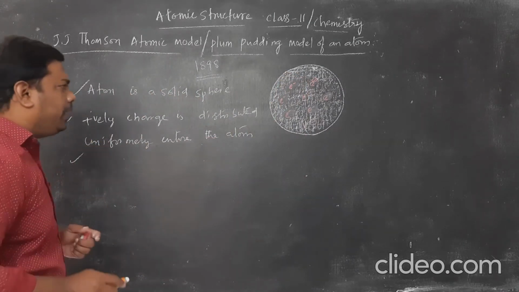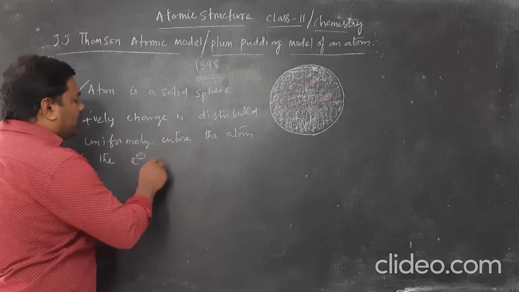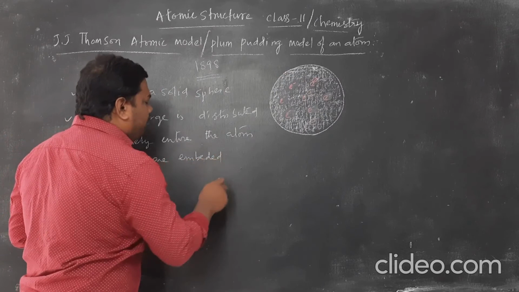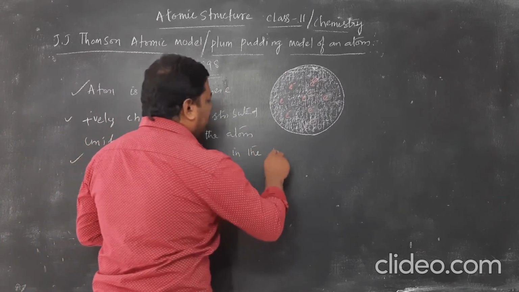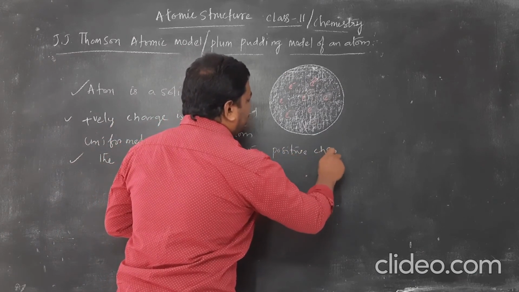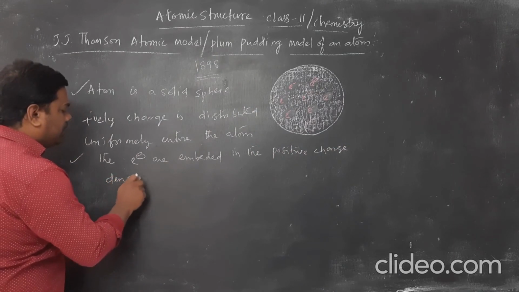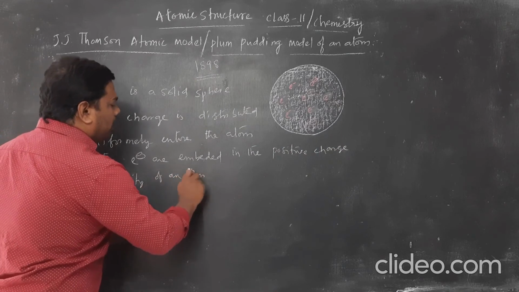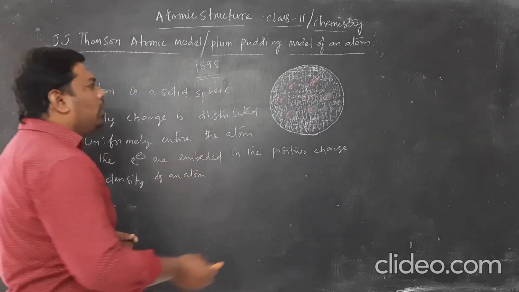The next point is that he believed the electrons are embedded in the positive charge density of an atom. Okay, clear, student? So this is the J.J. Thomson atomic model of an atom.